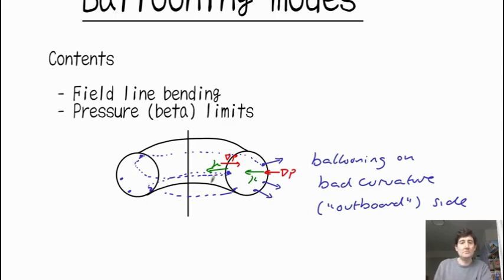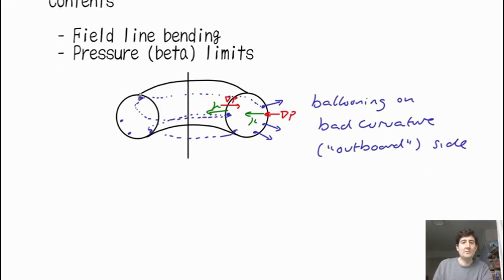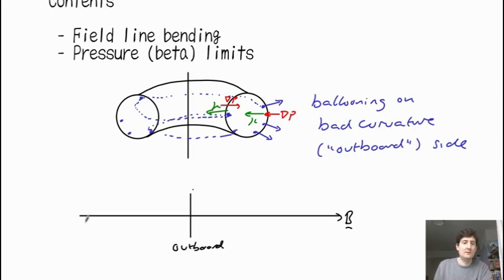And so we can try and understand this by stretching out these field lines. If we draw a single field line, this is B for example, we have the outside here, this is the outboard, and then here's the inside, inboard, and again the inboard over here.